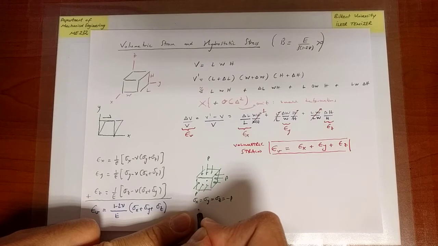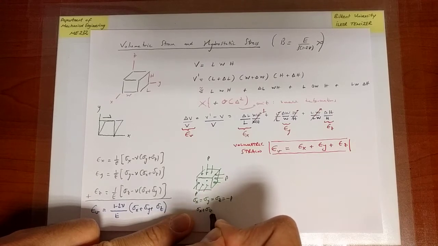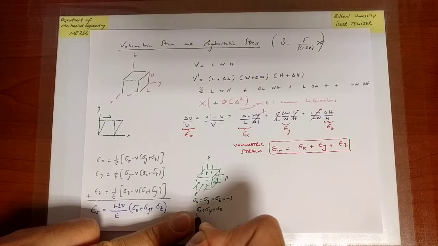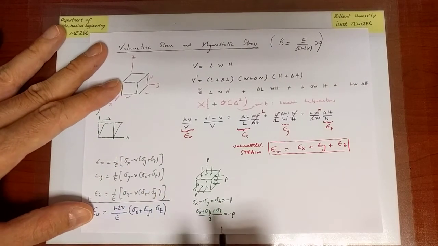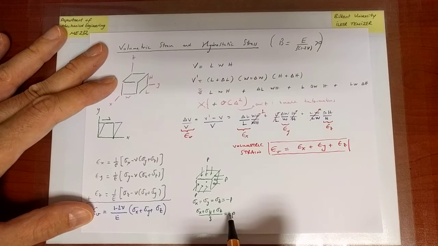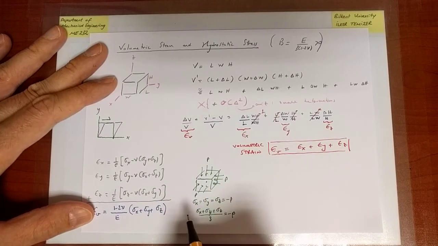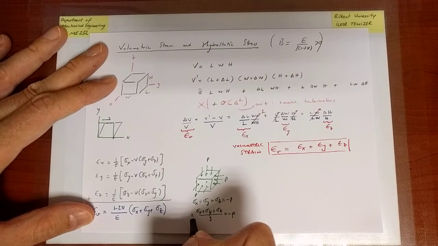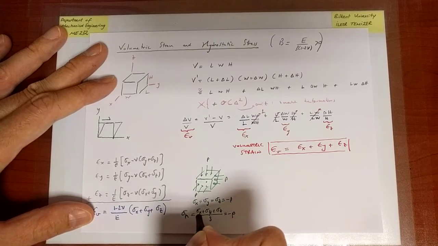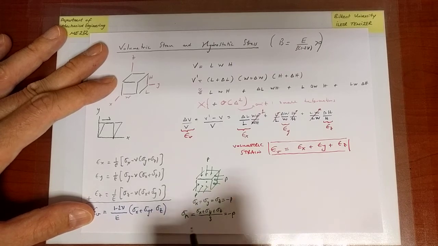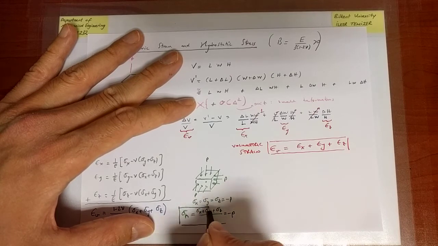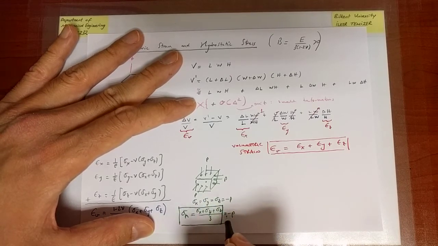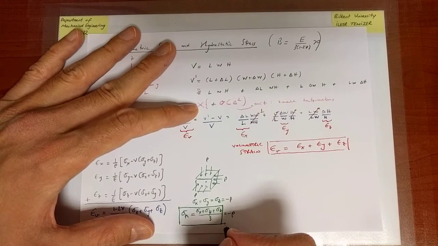In other words, if I take these quantities and sum them and then divide by 3, I would get minus P. And that minus P is associated with a state of hydrostatic stress, and that is the motivation for defining the sum of the normal stresses divided by 3 as sigma H, which is called the hydrostatic stress.